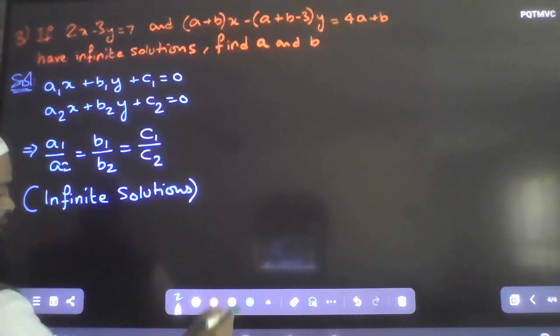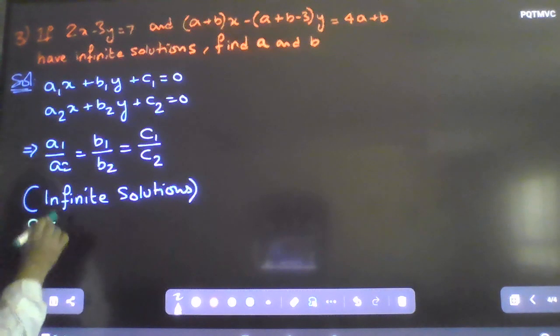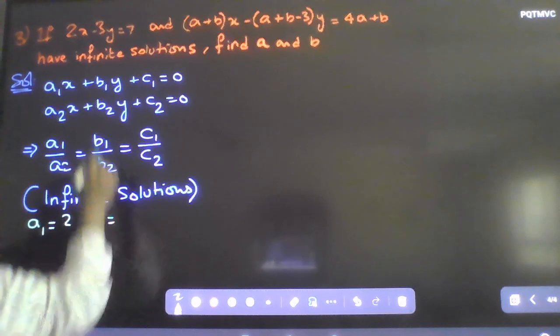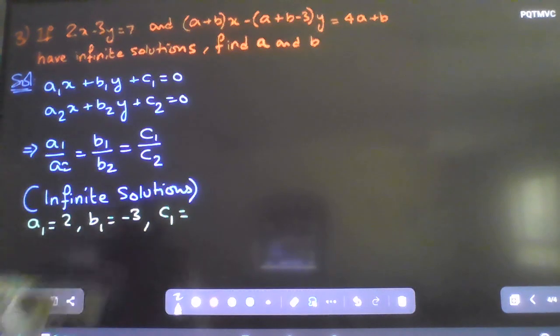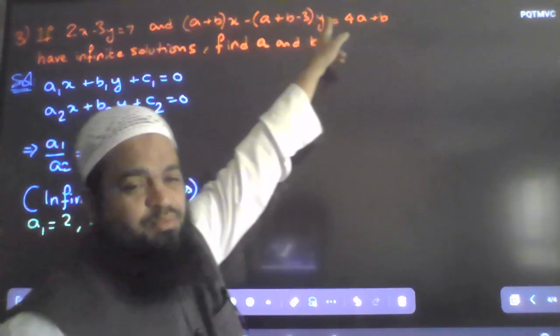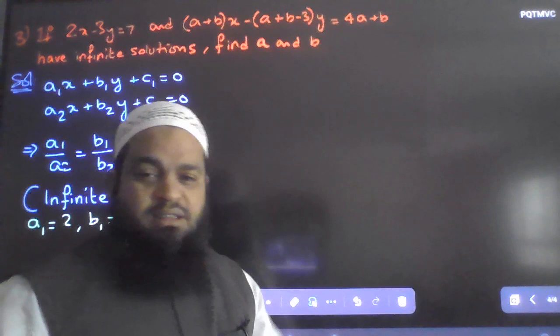So let me write what is a1 here. a1 is equal to 2. b1 is equal to minus 3. And c1 is equal to, students, it is 7, right? But it is on the RHS. See the next equation. Here also the constant is on the right hand side.